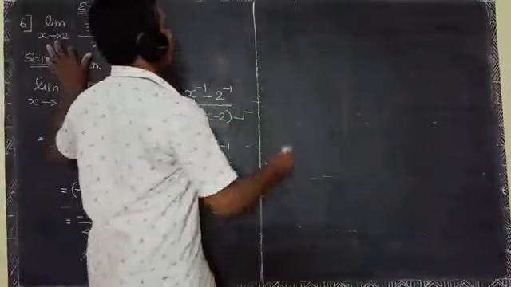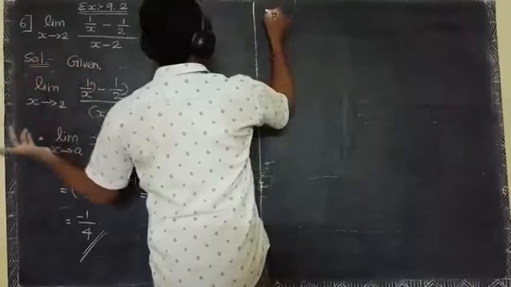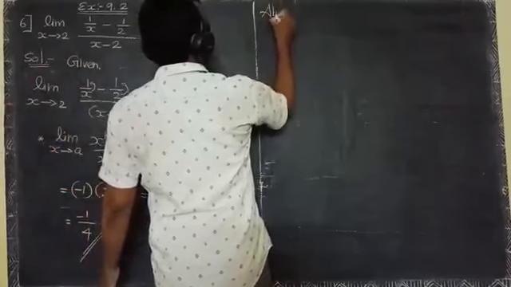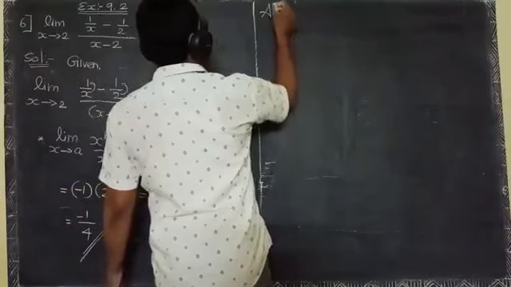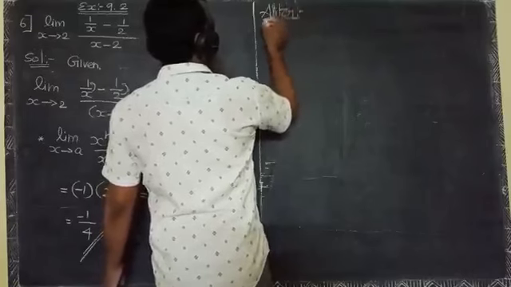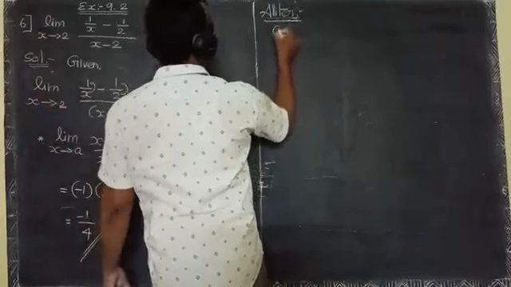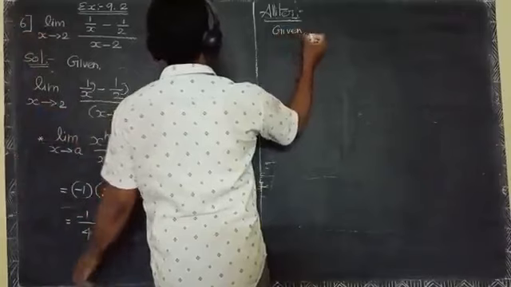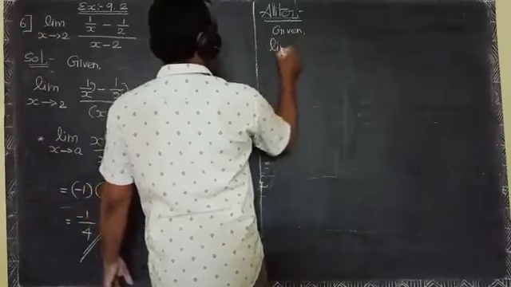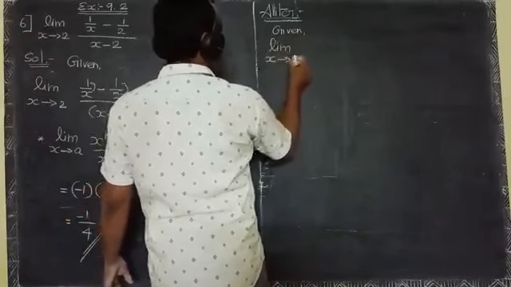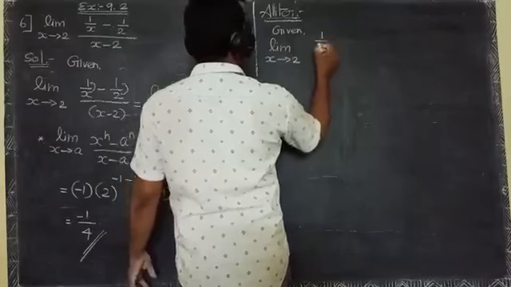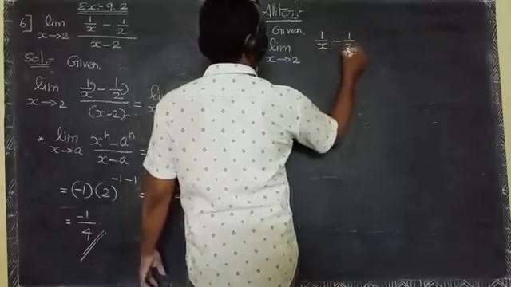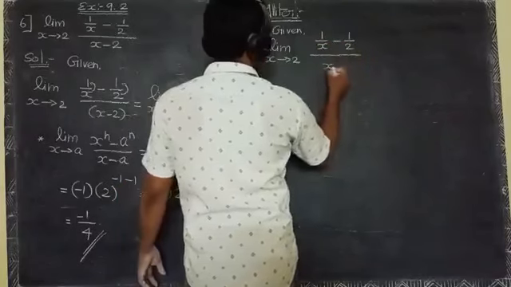The problem can also be solved by another method, the iterator method. Given the function limit x approaches 2 of 1 divided by x minus 1 divided by 2, divided by x minus 2.